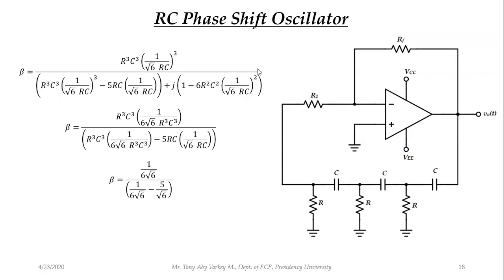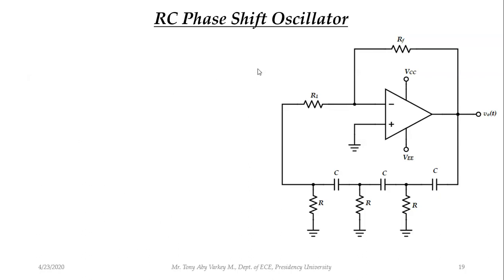So you will get beta as minus 1 by 29. So what is the loop gain? A into beta, so A beta will be equal to minus A by 29, where A is the gain of the amplifier.